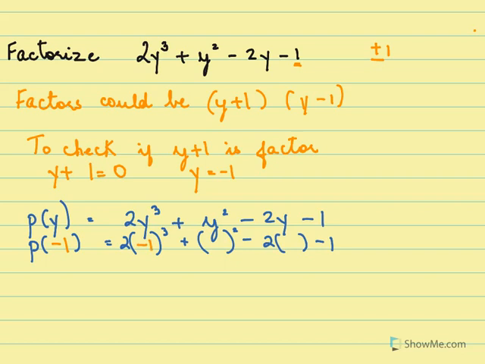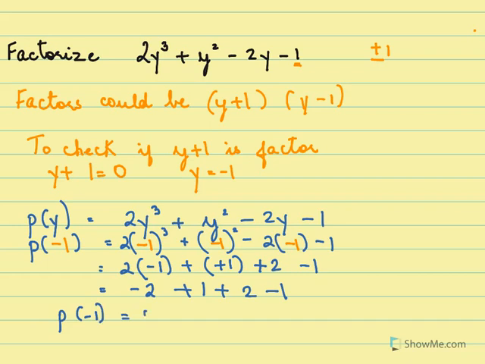So here is minus 1, minus 1, minus 1. So this is 2 times minus 1 raised to 3, which is minus 1. Minus 1 square, minus 1 plus 1. So when you solve this, this is minus 2 plus 1 plus 2 minus 1. So p of minus 1 equal to 0.